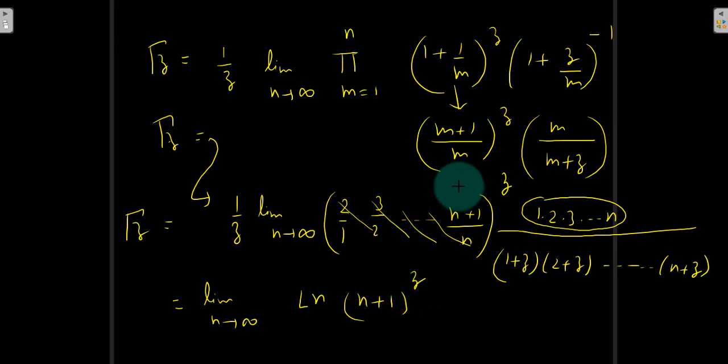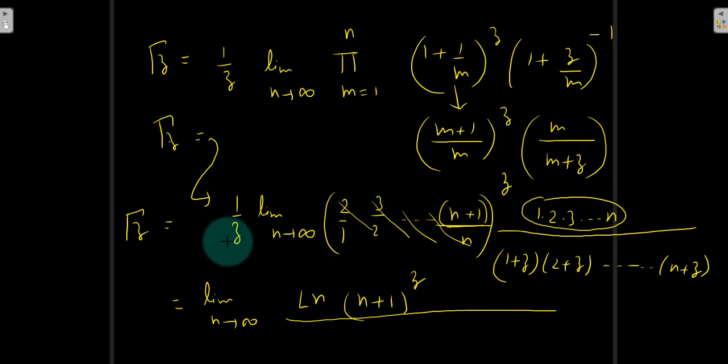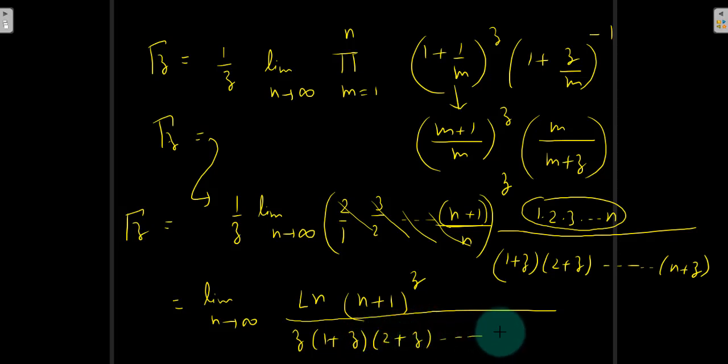Okay, n plus 1 to the z, this remains there, only this term remains, factorial n, and in the denominator, you take z inside, z, 1 plus z, 2 plus z, and the last term is n plus z.